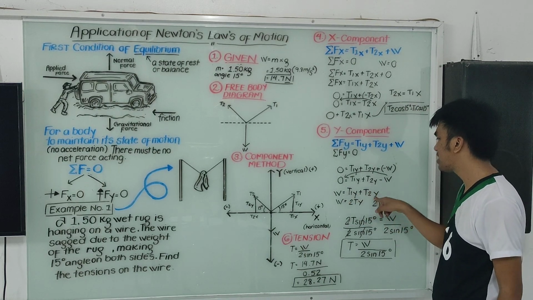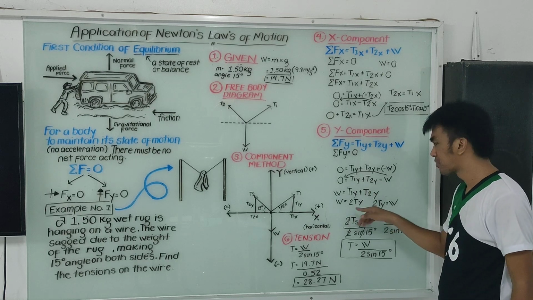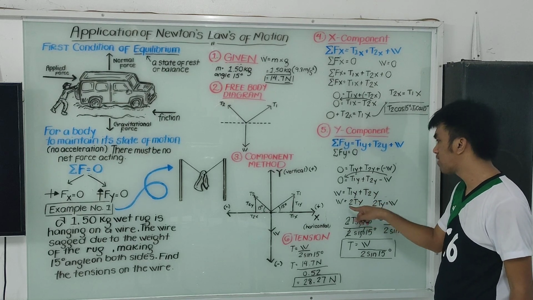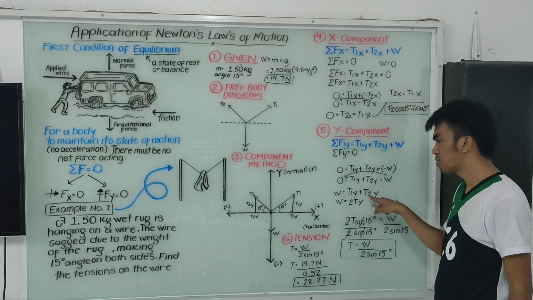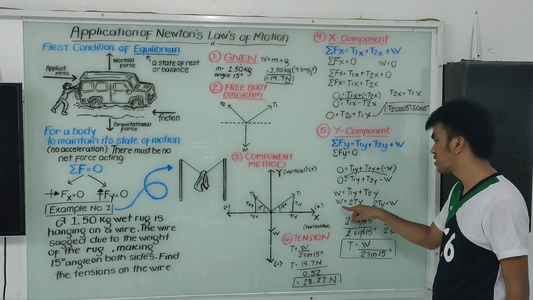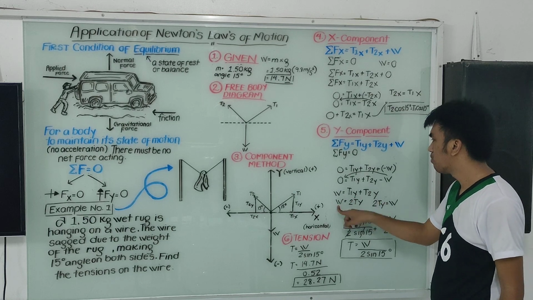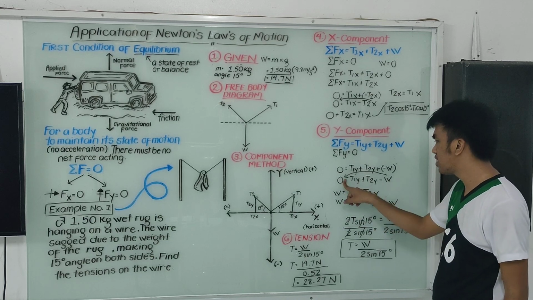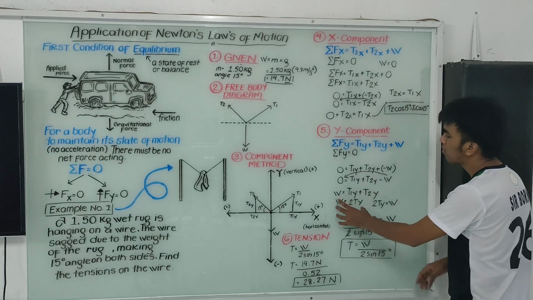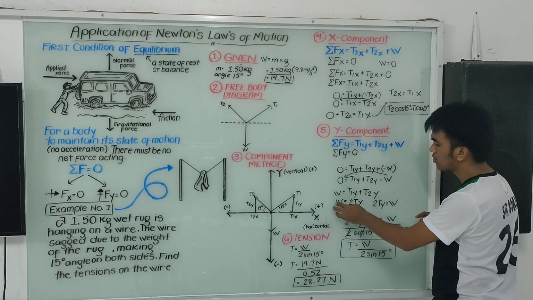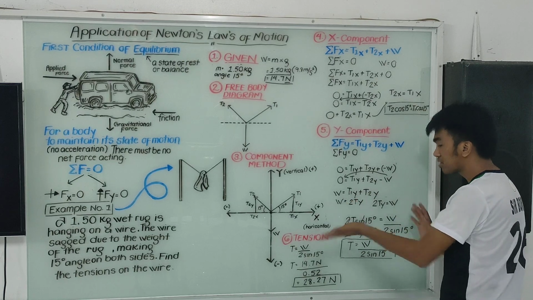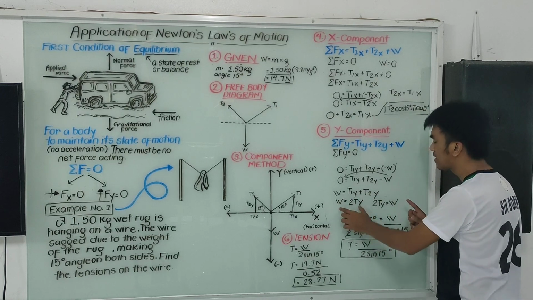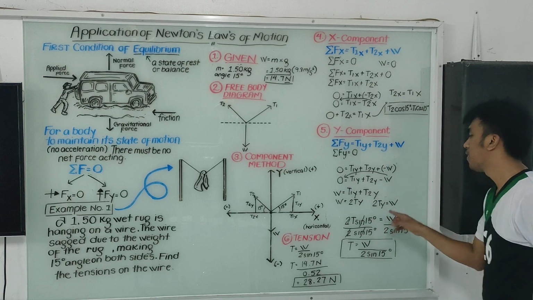So T1y plus T2y, we can write it as 2Ty. We remove the subscript. So since we transposed W, it will now be placed here, and W is equal to, we added this, so 2Ty. It can be interchanged, so 2Ty is equal to W.